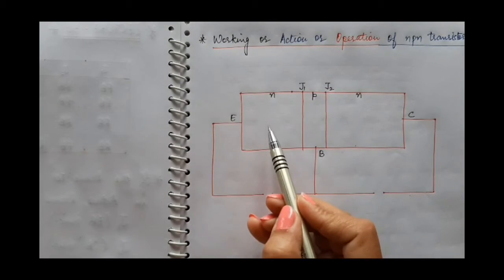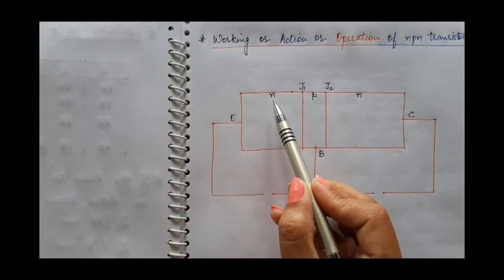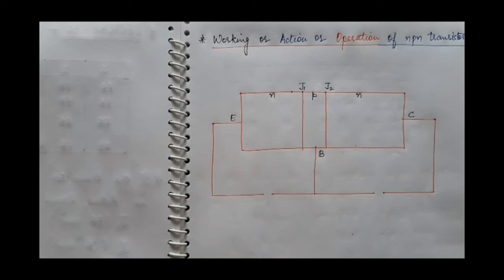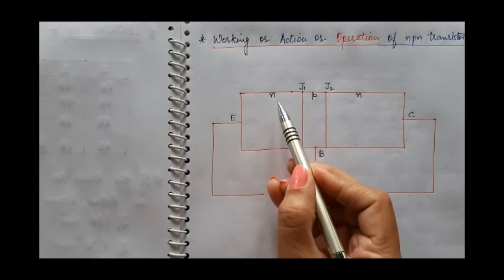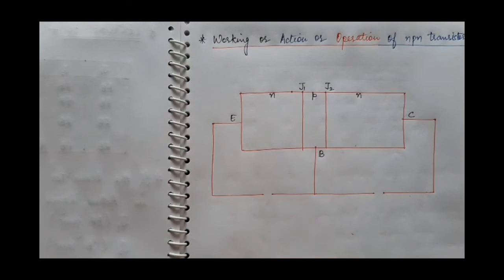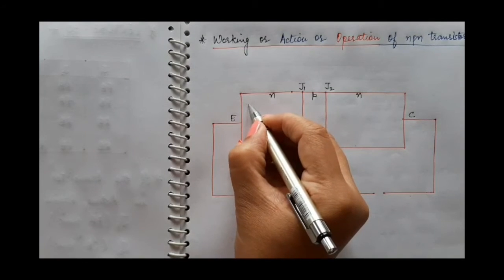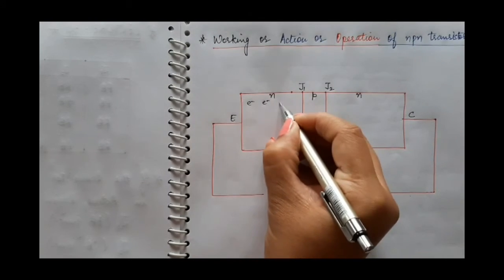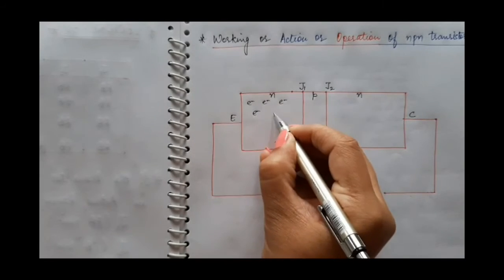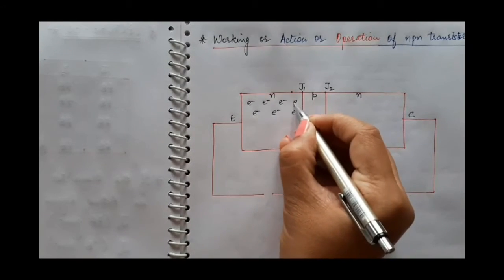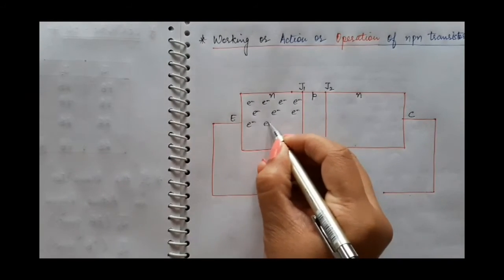And as the emitter is N-type and heavily doped, as we have already discussed in our previous video, it will contain a large amount of electrons as majority carriers.